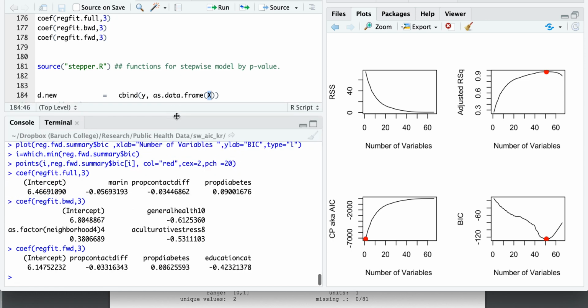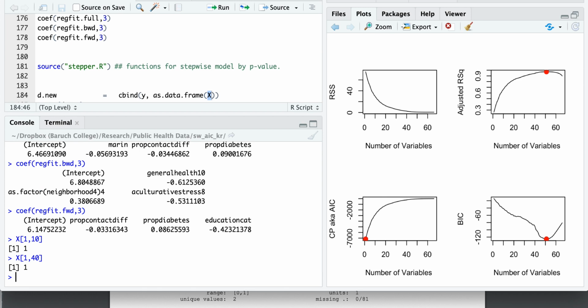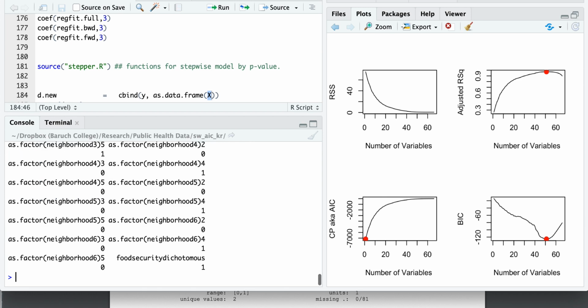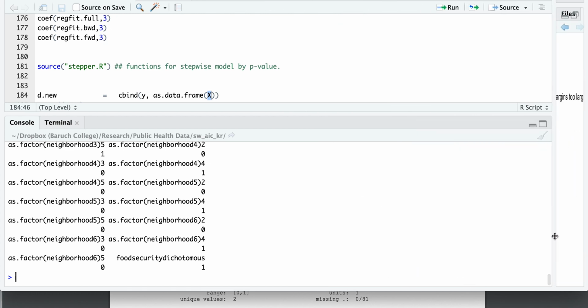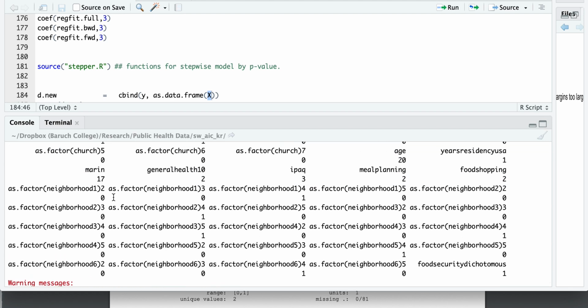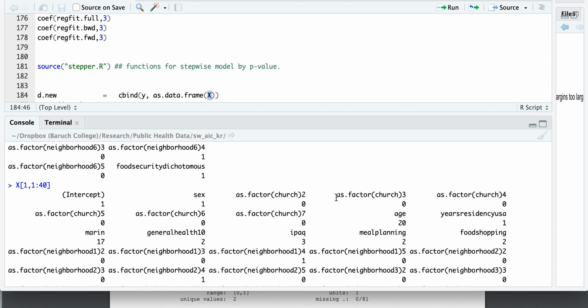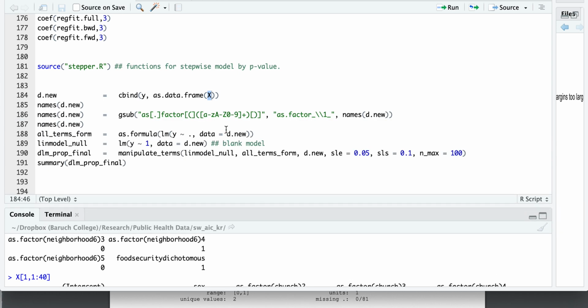The design matrix has these features, which is a one-hot coding feature. So church 2, 3, 4, 5, 6, 7, and all of them are 0. That means that the category of church for the first row is 1. We talked about this before. So this is all numerical now.